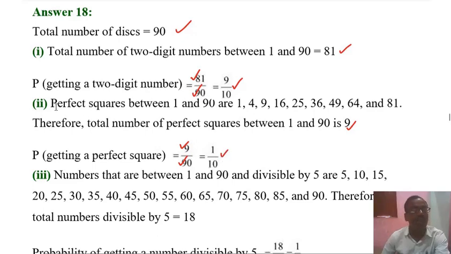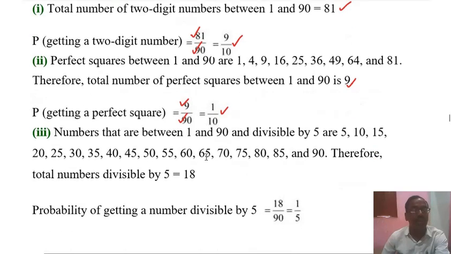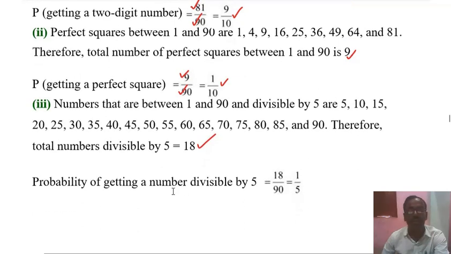So the answer of the second part of question number 18 is 1 by 10. The numbers between 1 and 90 divisible by 5 are 5, 10, 15, and so on. So the number is 18. So the probability of getting a number divisible by 5 is 18 by 90. After cancelling the common factor, we get 1 by 5.